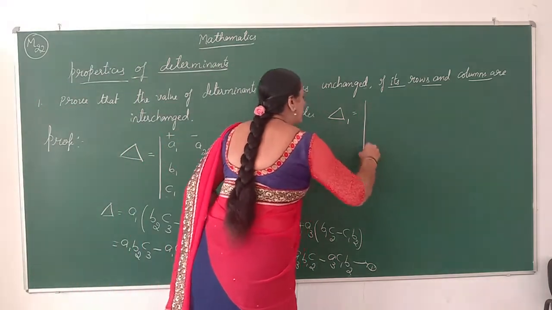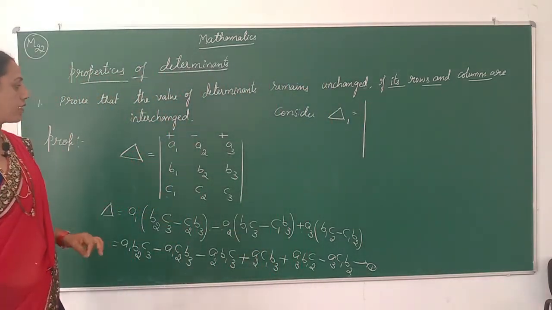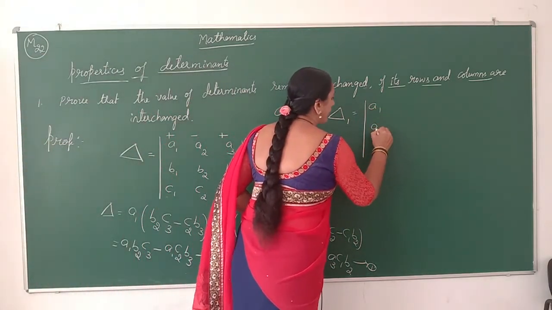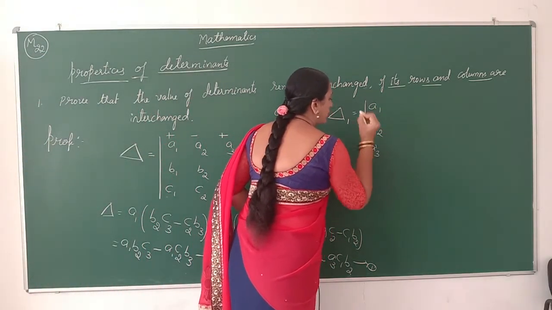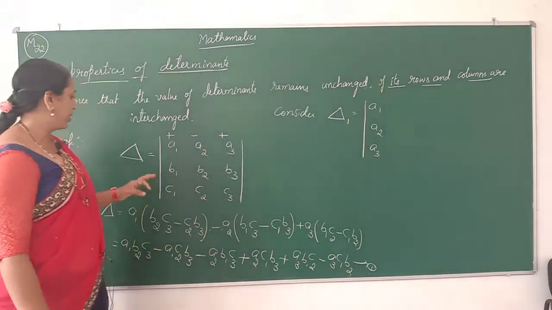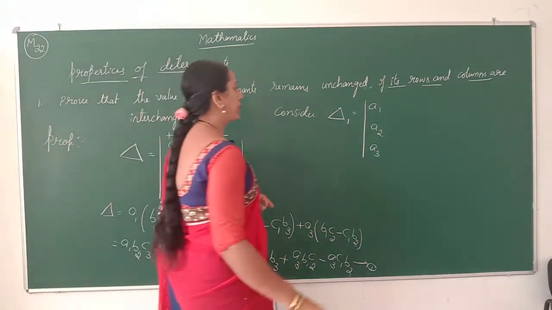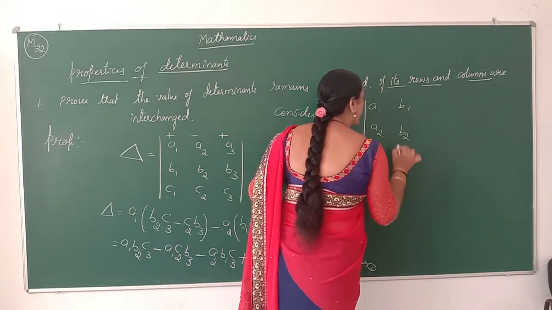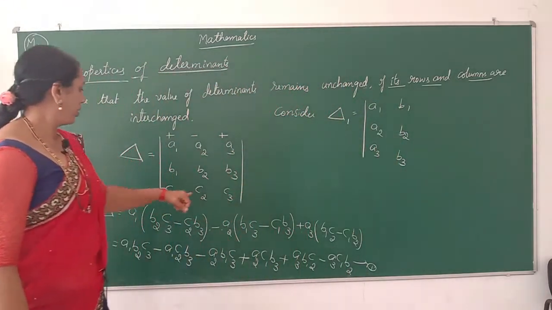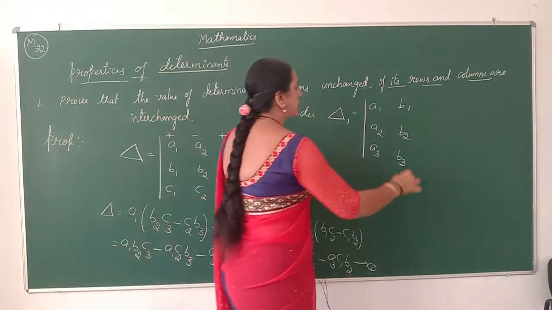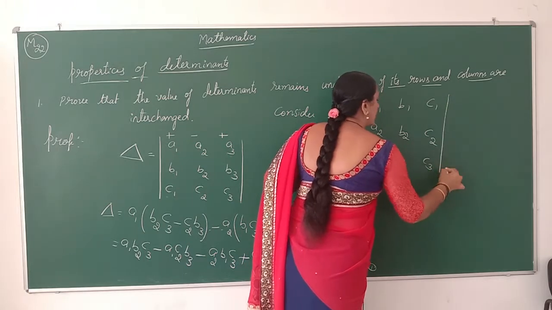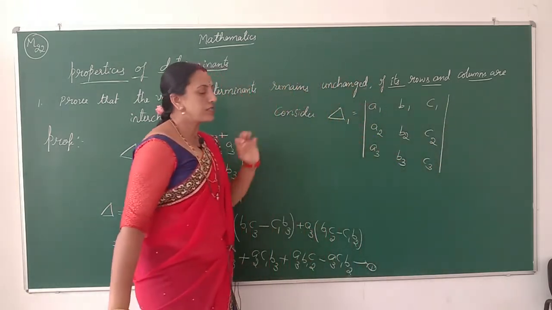It is defined as follows: the elements of the first row are written in the first column, A1, A2, A3, interchanging rows into columns. Similarly, B1, B2, B3, the elements of the second row, and C1, C2, C3, the elements of the third row, become the columns. That is called delta 1.